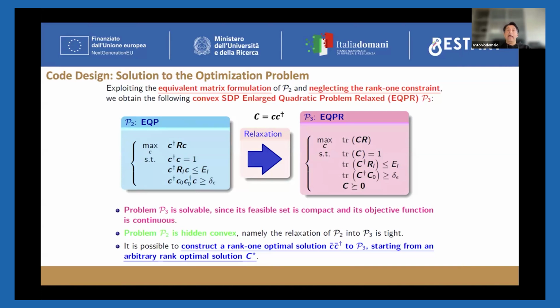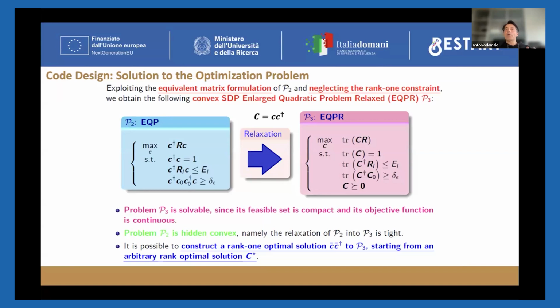Nevertheless, we can prove that, first, the problem P3 is solvable, its feasible set being a compact set and the objective also a continuous function. Moreover, it is possible to prove that the relaxation is tight, in the sense that it is possible to construct a rank 1 optimal solution to P3 starting from an arbitrary rank optimal solution.